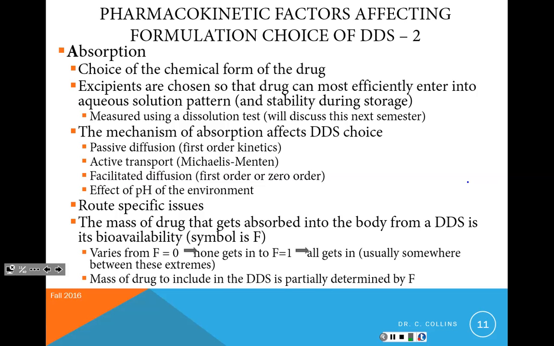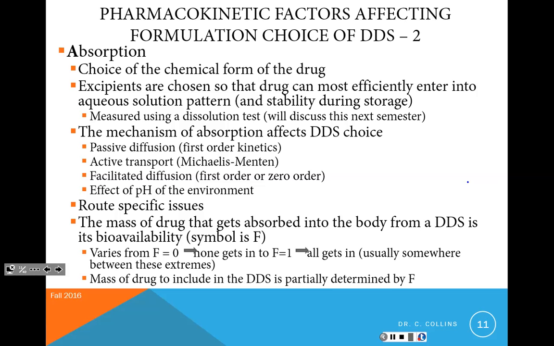There are some mechanisms where there may be carriers involved. Might be active absorption, might be facilitated absorption. And these change the type of drug delivery system that we might choose to use. Might also alter the amount of drug.